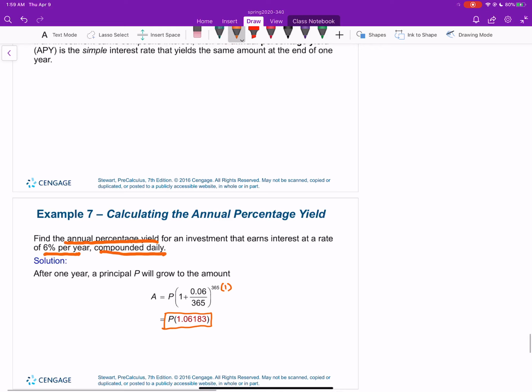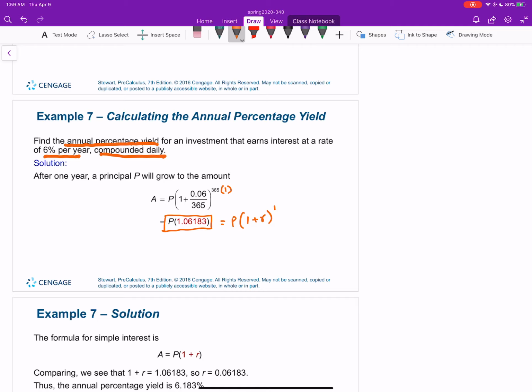All right. Now we're going to take this and we're going to compare it with what it means if this was done on a yearly fashion. So say that this was compounded yearly. Then you can compare the number that is inside with this number here. So you have 1.06183 is equal to 1 plus what? 1 plus R. So what is R?